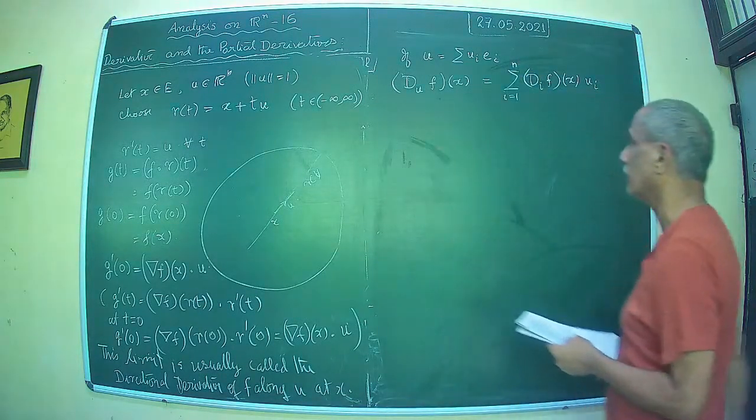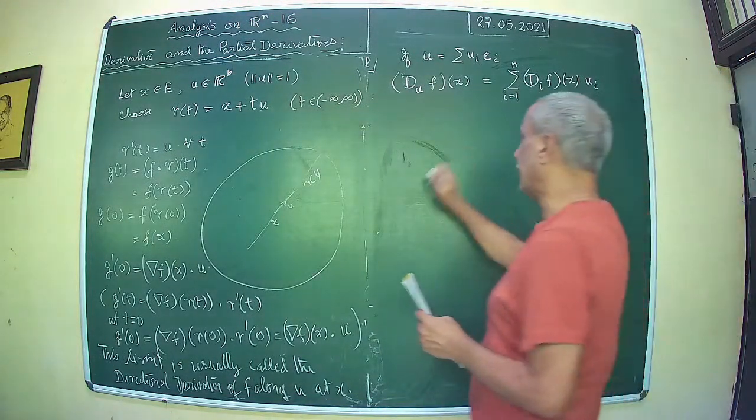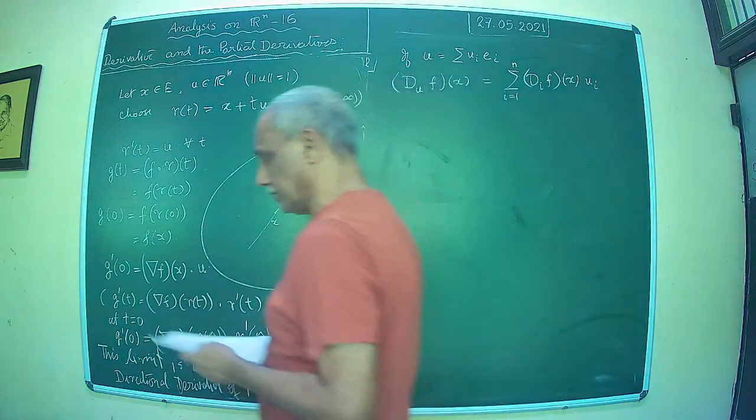This is the directional derivative that you have. Okay. So one can get the directional derivative once you know the partial derivatives.